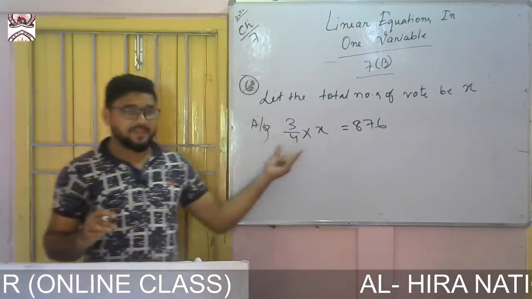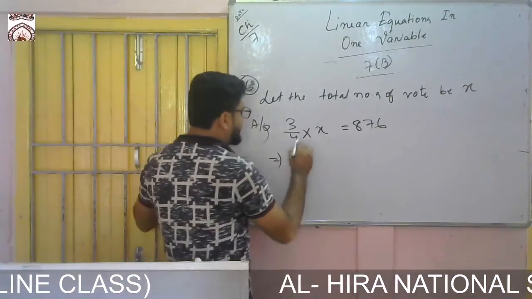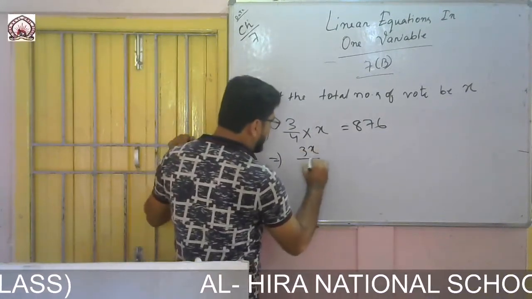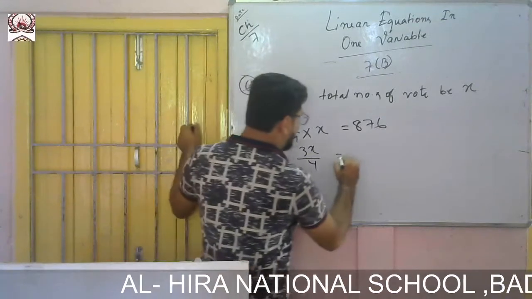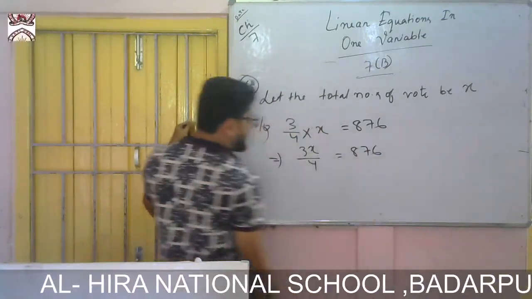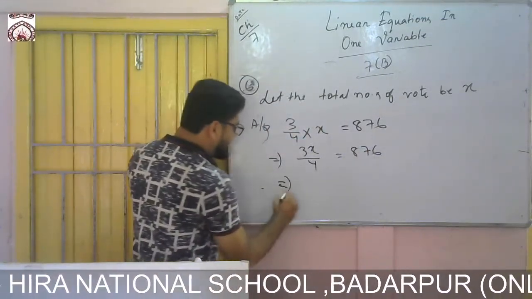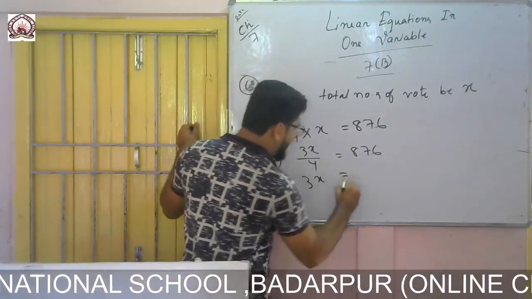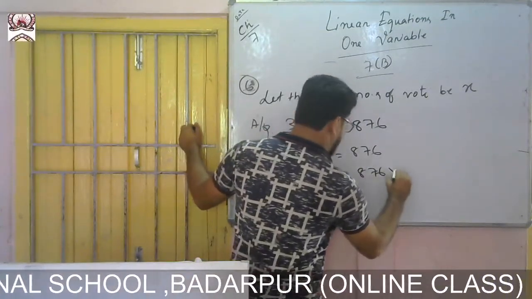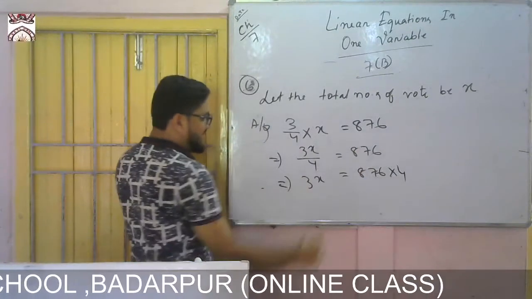Now you multiply it and you'll get the answer. So 3x by 4 equals 876. Then 3x equals 876 into 4. This will go as a multiplication.